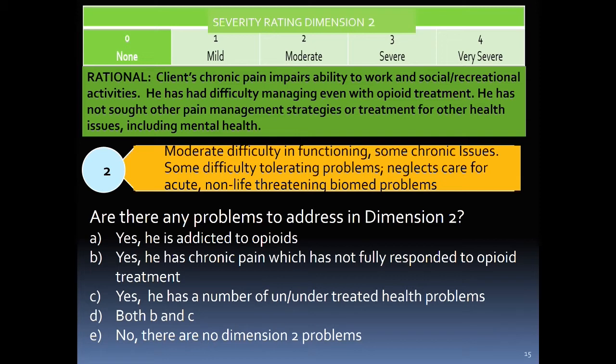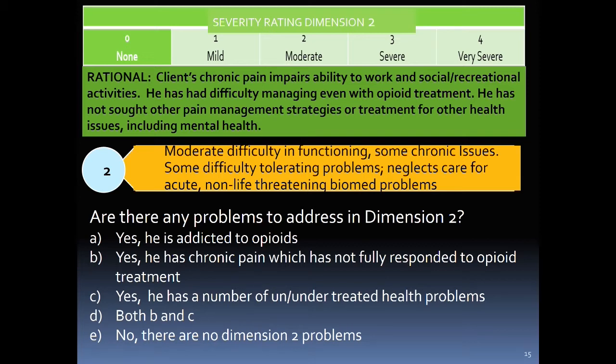So as we look at the potential answers for the question, are there any problems to address in Dimension 2? Our options are A, yes, he is addicted to opioids. B, yes, he has chronic pain which has not fully responded to opioid treatment. C, yes, he has a number of undertreated health problems. D, both B and C. And option E, no, there are no Dimension 2 problems.